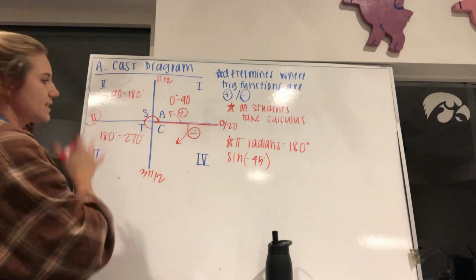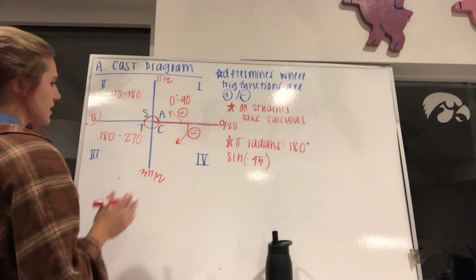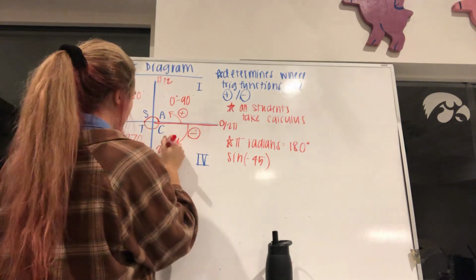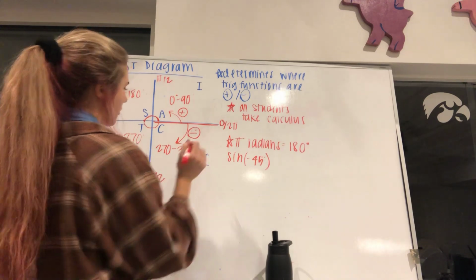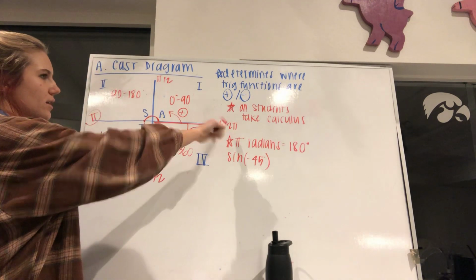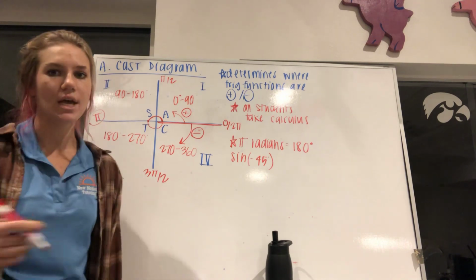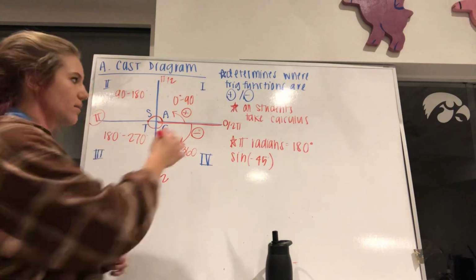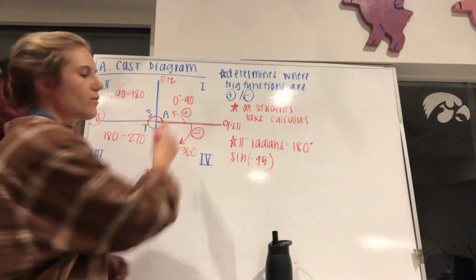And then same exact premise for our fourth quadrant. It's going to span from 270 degrees to 360 degrees. That's why I labeled the positive x-axis as either 0 or 2 pi. It really depends on whether you're starting there or finishing there.